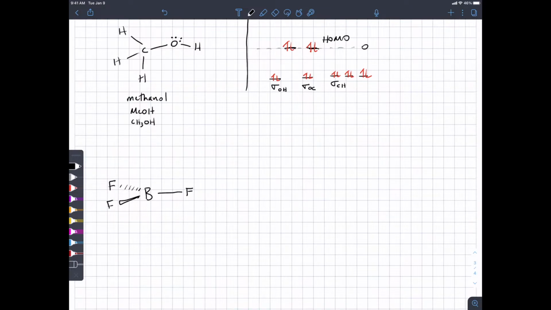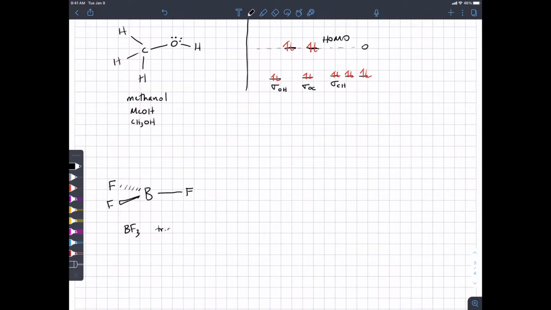Okay, this is BF3, boron trifluoride. Notice that boron usually comes with 3 valence electrons. In this Lewis structure, it owns only 3, so boron has a neutral 0 formal charge. That means boron is surrounded by 3 groups and must therefore have what geometry?